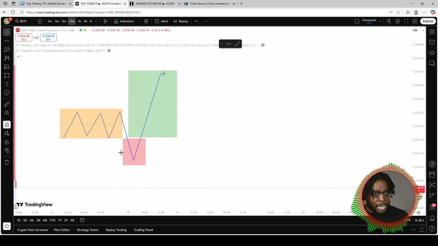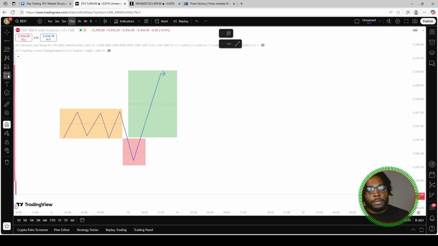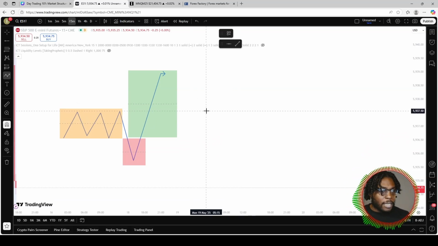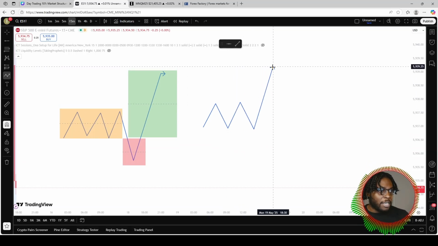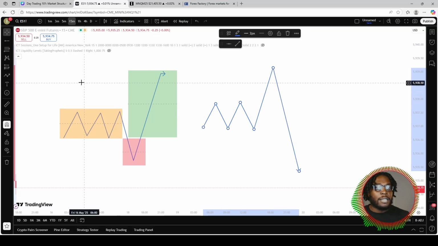So the same thing goes for the opposite way, right? So if we were looking for shorts, that's how we can look for longs. If we were looking for shorts, I'll draw that out for you guys too. So longs means you're buying, you want price to go up. Shorts means you're selling, you want price to go down. So again, we have our accumulation right here. Then we would have our manipulation, and then we would have our distribution, right?